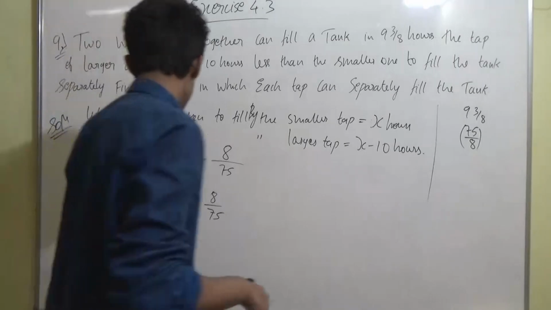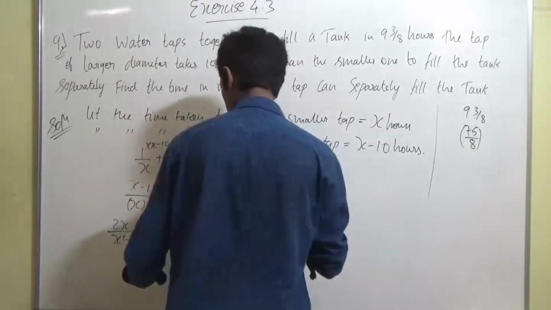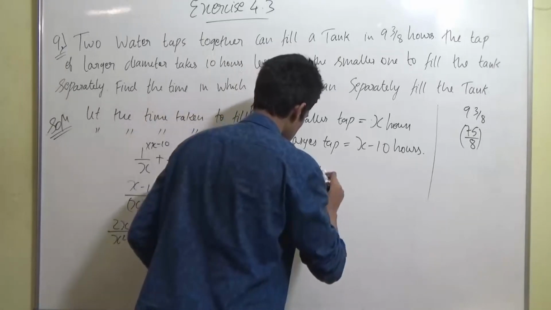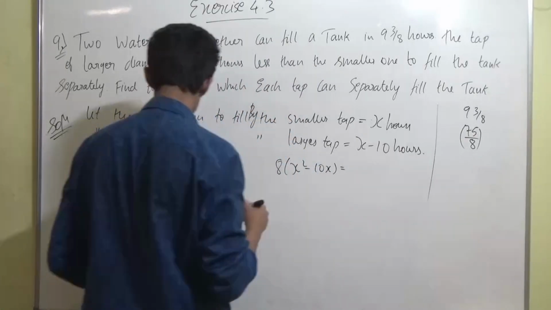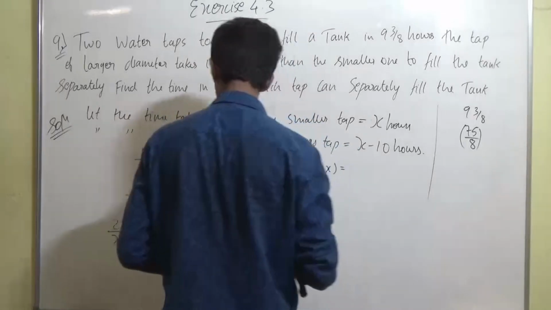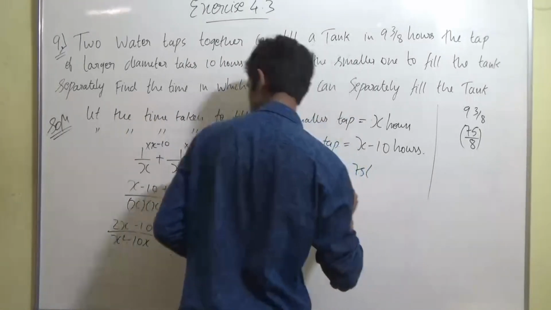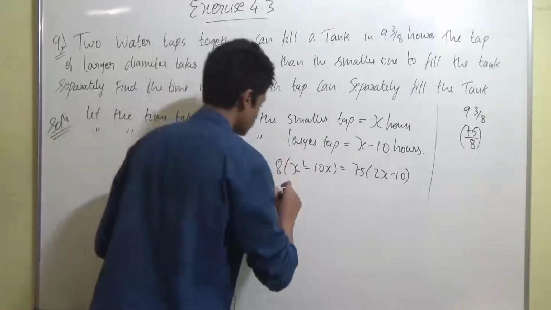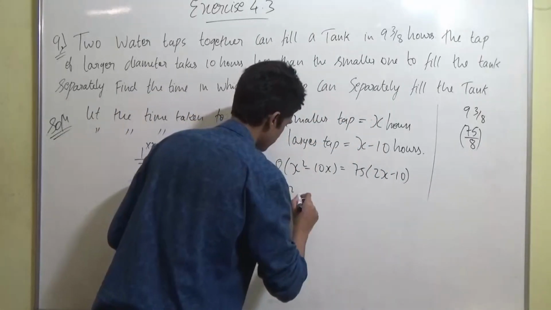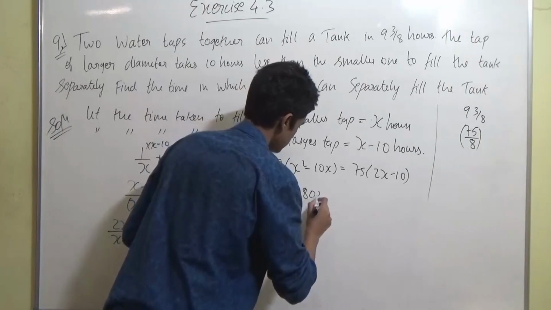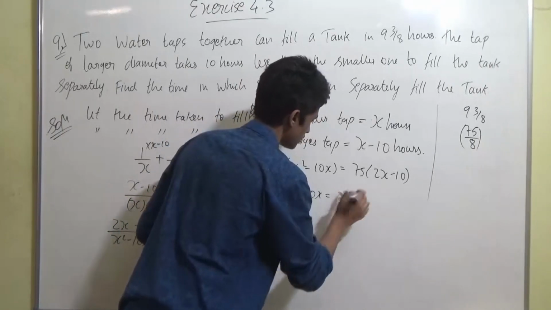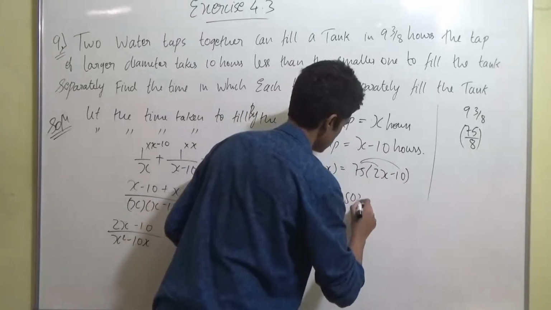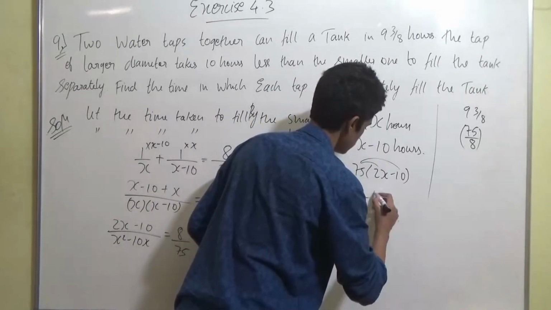If you cross multiply it, this will become 8 into x square minus 10x equal to 75 into 2x minus 10, right? Now I'll start expanding this. This will become 8x square minus 80x equal to 150x minus 750.